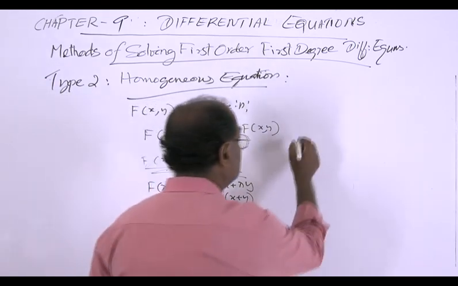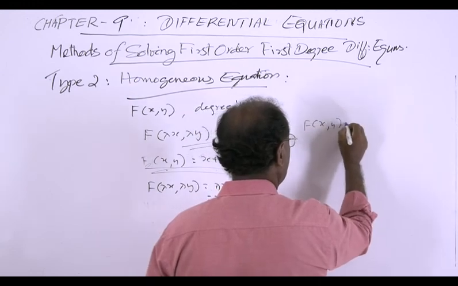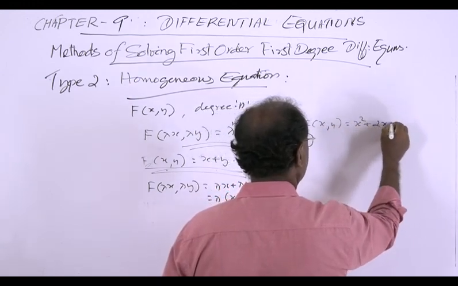Now consider another one. Suppose f(x, y) is equal to x squared plus 2xy.